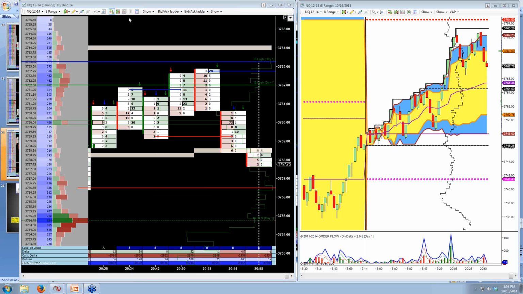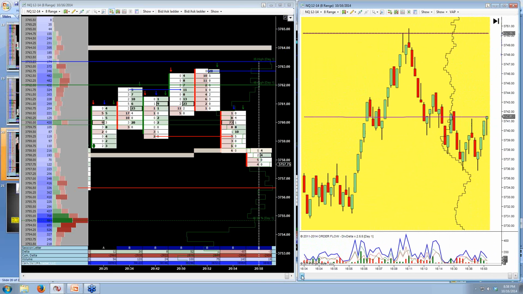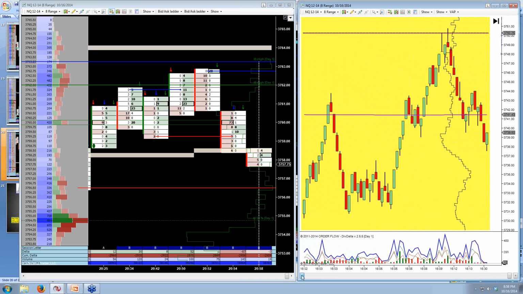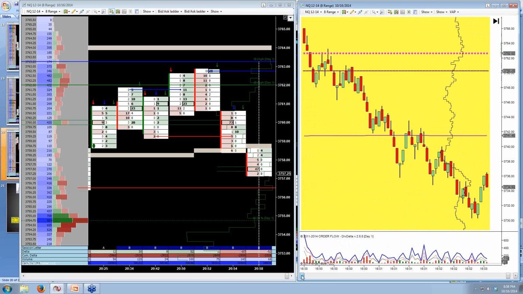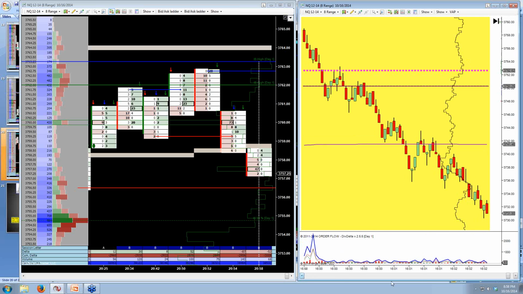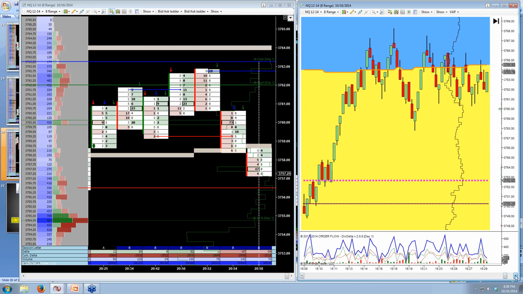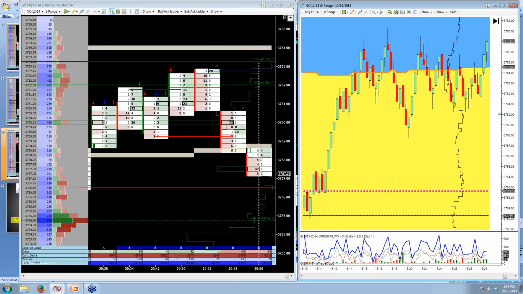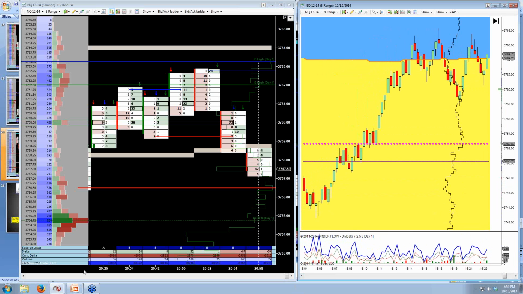Let me just scroll back. I don't know what's going to show up because I had to restart my computer. And this is pre-market, like after hours, so let's just scroll back here and see what we can look at. What time is that? That's 4 o'clock. I don't want to look at 4 o'clock. No, that's actually 3 o'clock. All right, let's see what we find in this area on this point of control. What time is that? 3:10.